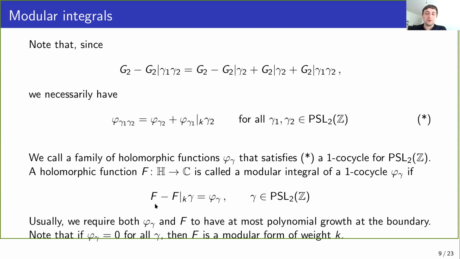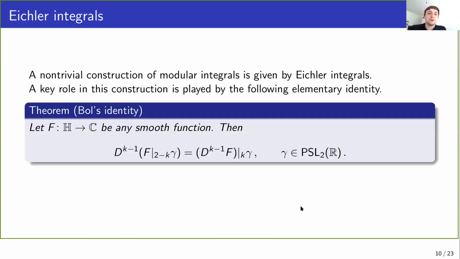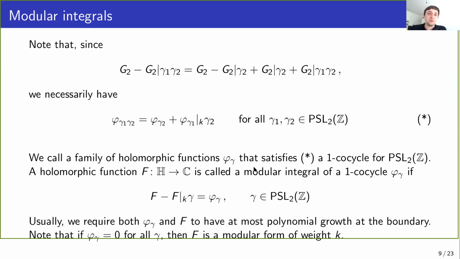Somehow analytically, it's very nice to have all functions have at most polynomial growth at the boundary. And again, I didn't quite define before what this means, but you just imagine that it doesn't blow up, doesn't have poles anywhere at the boundary in a sense, or essential singularities. Okay, I forgot to say one thing.